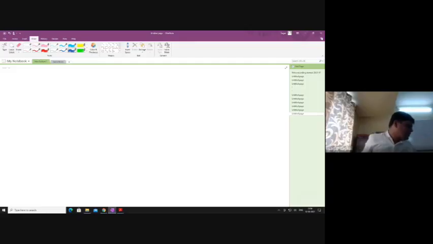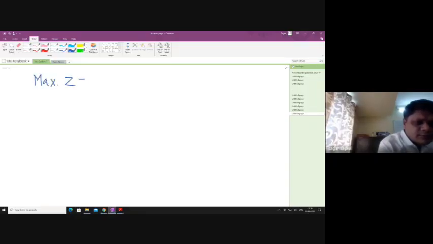Take down the objective function: maximize z is equal to 2x1 plus x2.